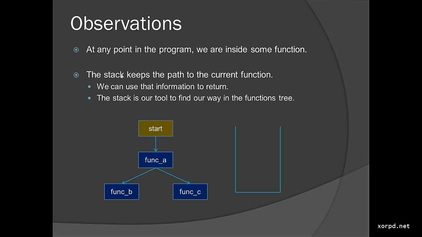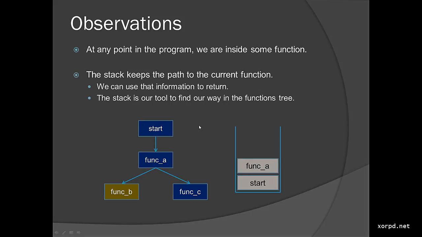Let's try to simplify this. This is the functions tree that we have seen earlier, and this is a simple illustration of the stack. We begin from start. Then we move to func A, and we keep start inside the stack. We continue to func B, and we keep func A inside the stack.